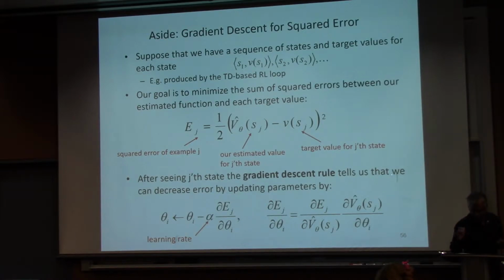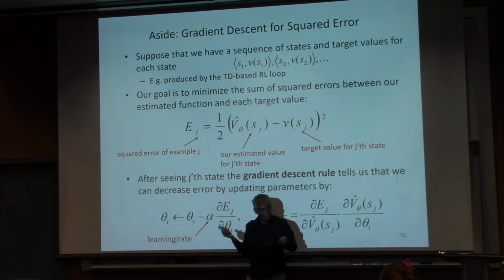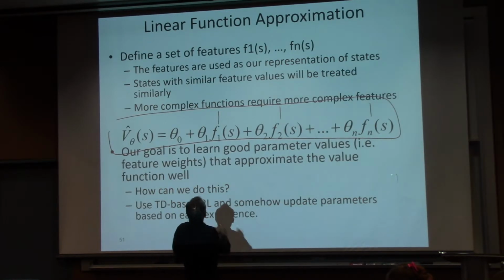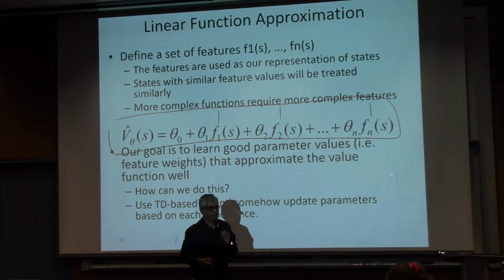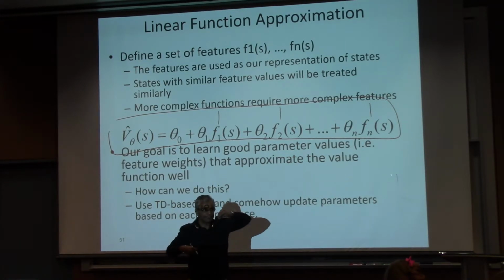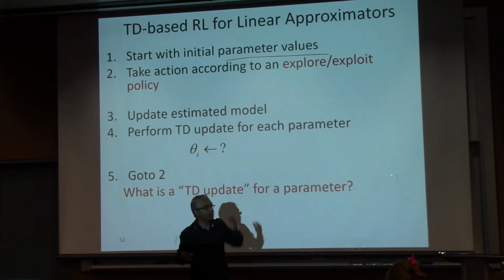So I have a function v theta, which if you remember was this. I know the features of a state, I know the current weight values, the current theta values. So by plugging the features into this function, I will get a new value for that state. Okay?